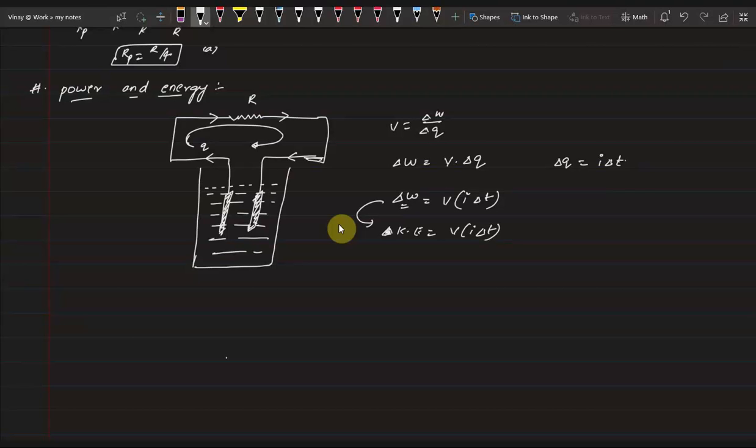Now please remember, the total energy is equal to kinetic energy plus potential energy. Then change in total energy is equal to change in kinetic energy plus change in potential energy.